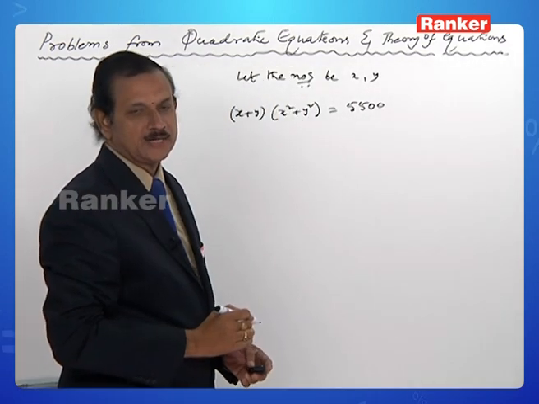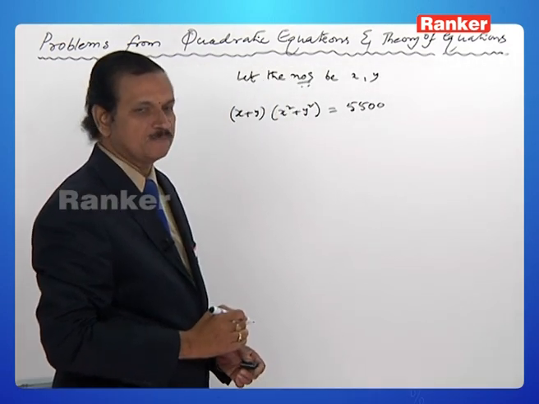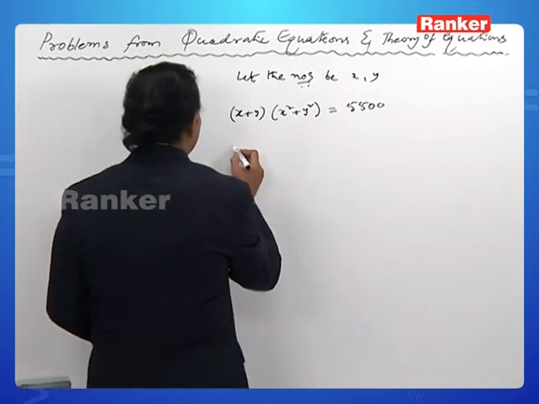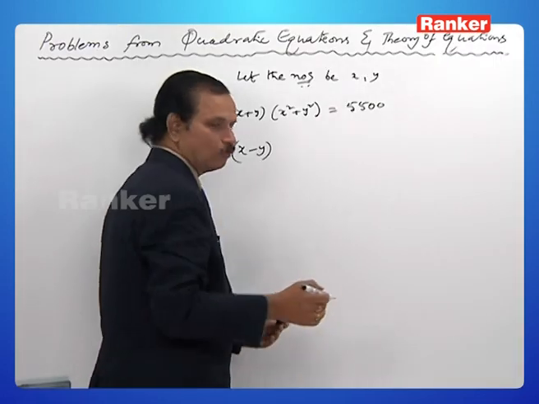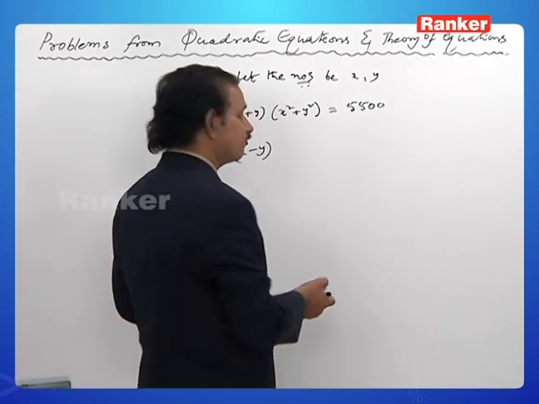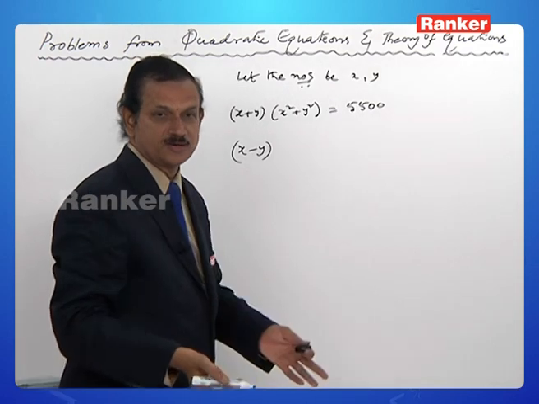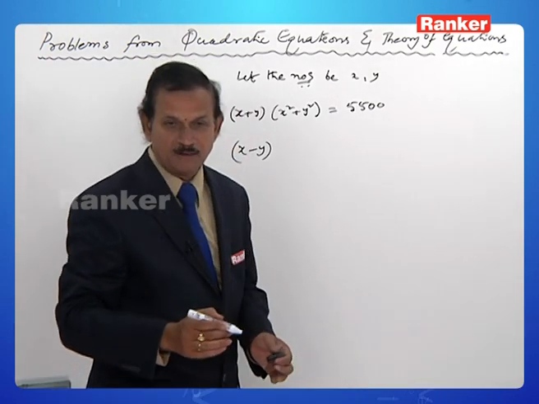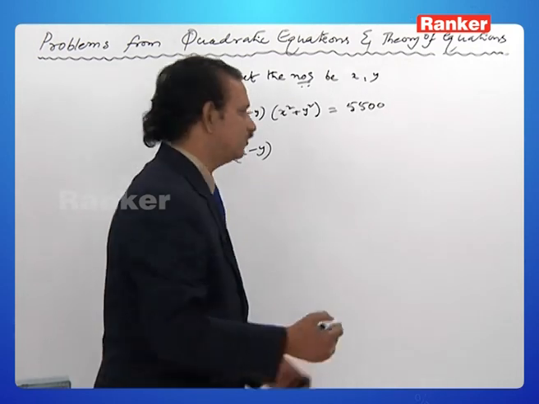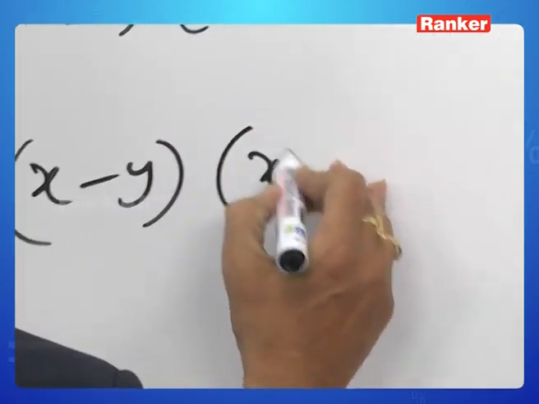The difference means x minus y, either x minus y or y minus x, that is mod x minus y. For the sake of convenience, for the present, let us consider it to be x minus y, multiplied by the difference of the squares. What is that? X square minus y square.